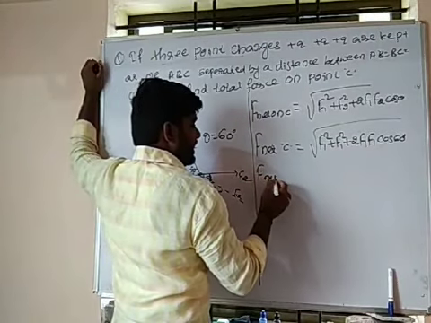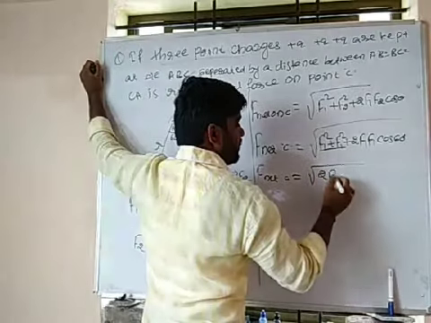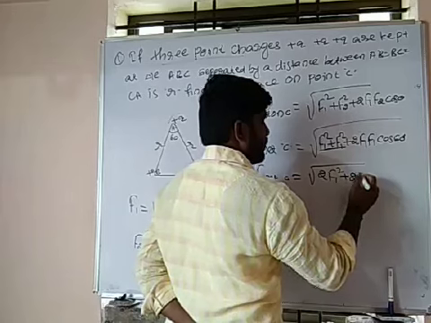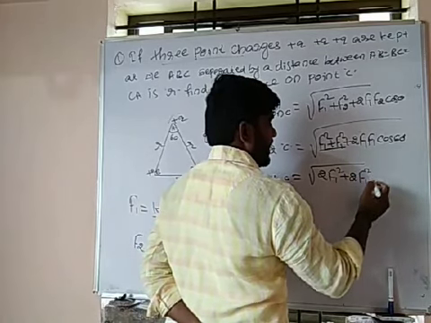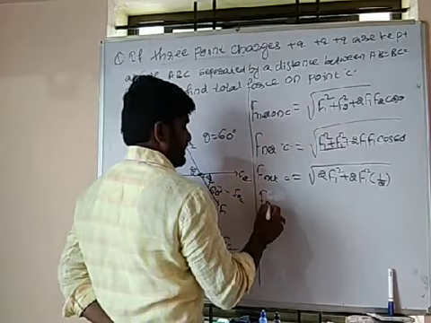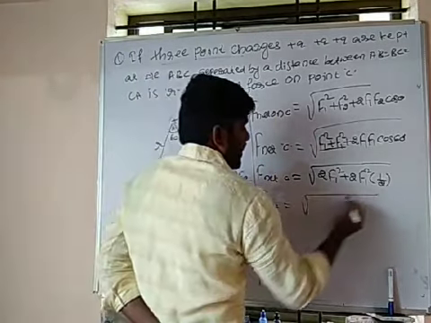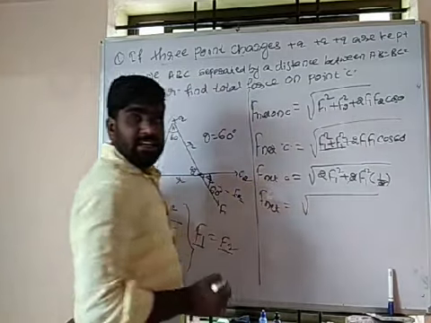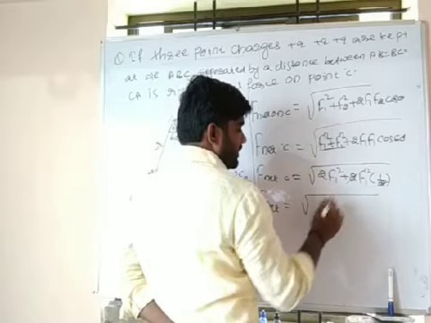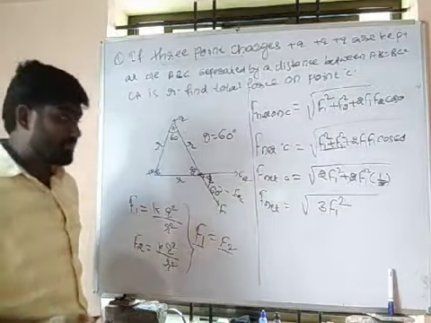This F net on C is equal to, shall I write it is 2 times of F1 square plus again 2 times of F1 square. Cos 60 will be 1 by 2. Then this F net is equal to root of 1 by 2 gets cancelled. Then what remains here? 2 F1 square plus F1 square. This will be 3 F1 square.